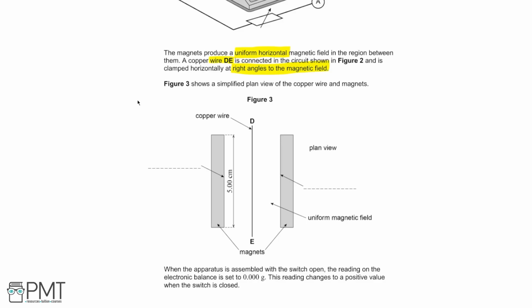The next part of the question says, Figure 3 shows a simplified plan view of the copper wire and magnets, and we can see the magnets marked on as well as the wire itself, looking down from above. When the apparatus is assembled with the switch open, the reading on the electronic balance is set to 0.000 grams.